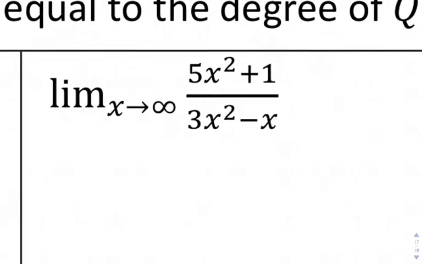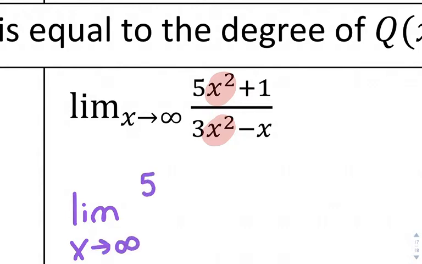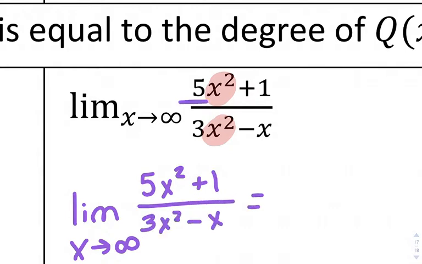An example would be if I'm looking at x approaching infinity here, I notice my biggest degree on top is x squared, biggest degree on bottom is x squared. Those are the same degrees. So I'm going to take the leading coefficients in front of them and divide them. So as this limit approaches infinity of this function, I would take my leading coefficients. So 5 divided by 3 would be my answer.